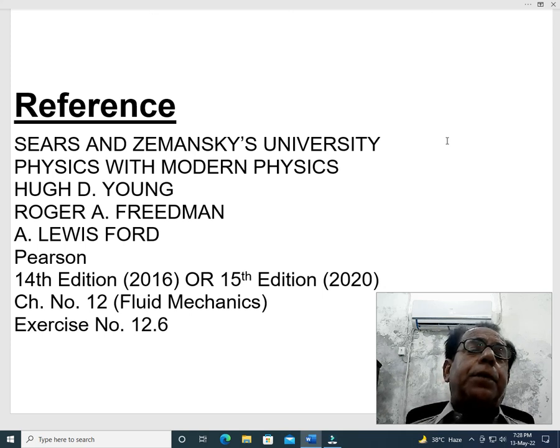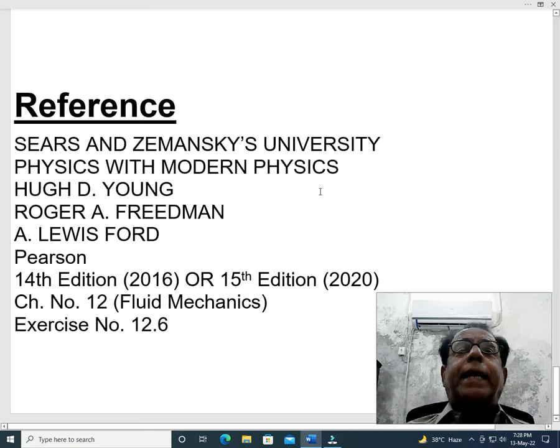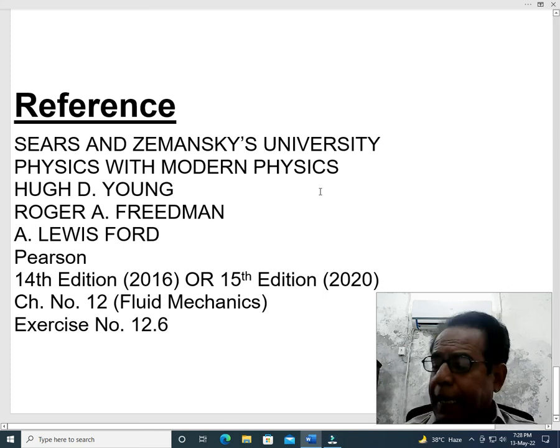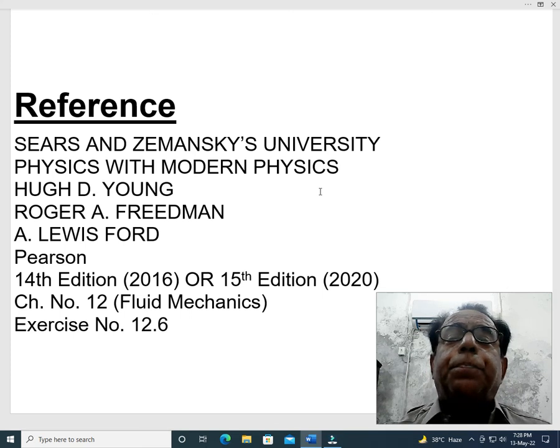Chapter number 12, titled Fluid Mechanics, is our concerned chapter, and this problem is enumerated at serial number 6 of the exercise given at the end of this chapter, and this is the end of our problem.